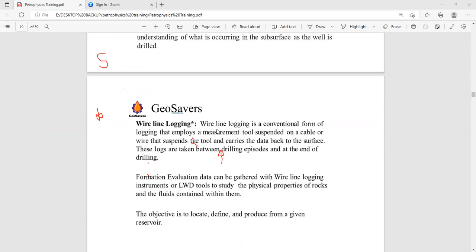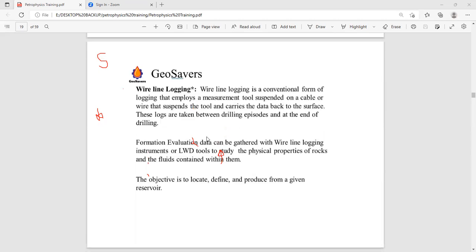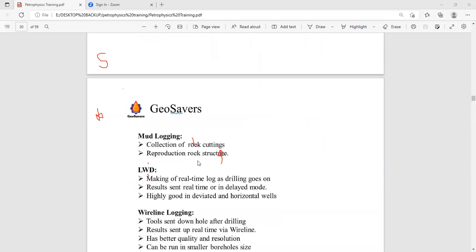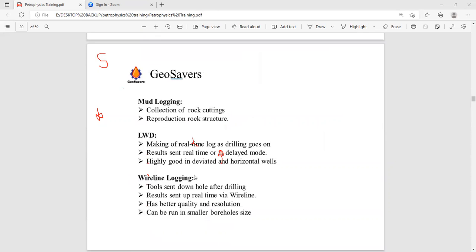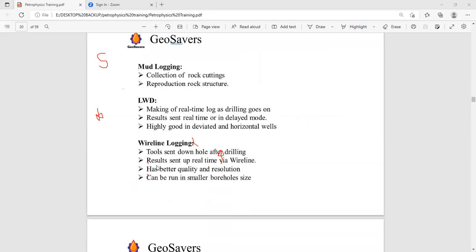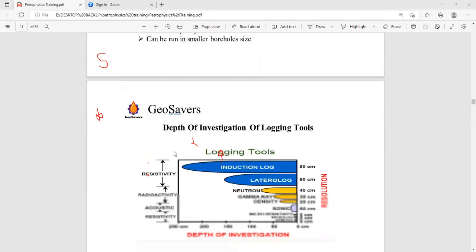Then wireline logging is the conventional logging, done after drilling has taken place. It can be done before completion or after completion, because we have open hole logging and we also have cased hole logging. So these are the various information that we can get from the various types of log: the mud logging, the logging while drilling, and the wireline log.